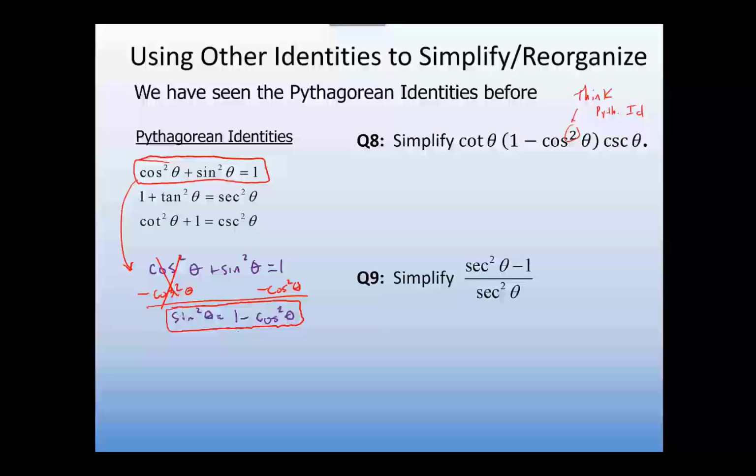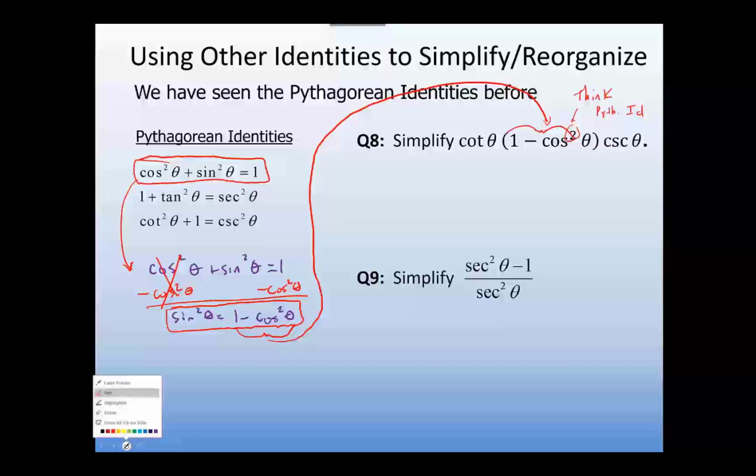And it tells me that 1 minus cosine squared is that expression right there. I can use this new twist on the Pythagorean identity as a substitute to simplify this problem.